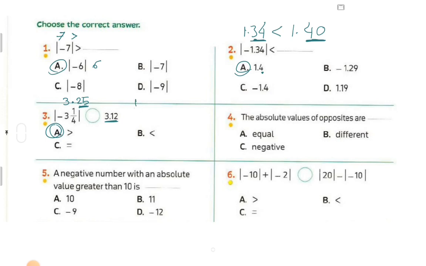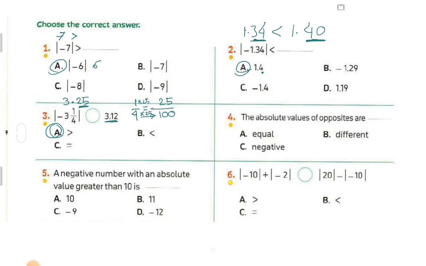Note with me, 1/4. I need to convert it to a decimal, so I need the denominator to be 10 or 100 or 1000. I can convert it to 100. How? I convert 4 to 100 by multiplying it by 25. 4 times 25 equals 100, right? 1 times 25 equals 25.